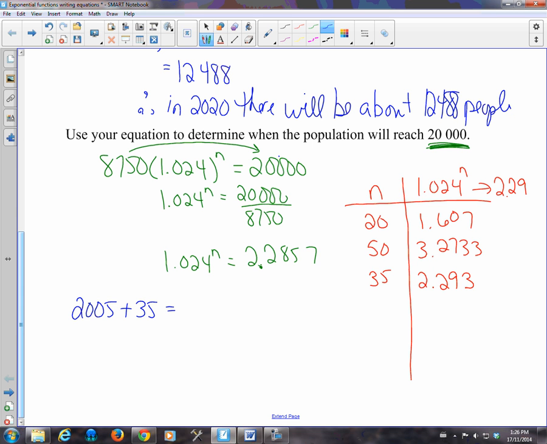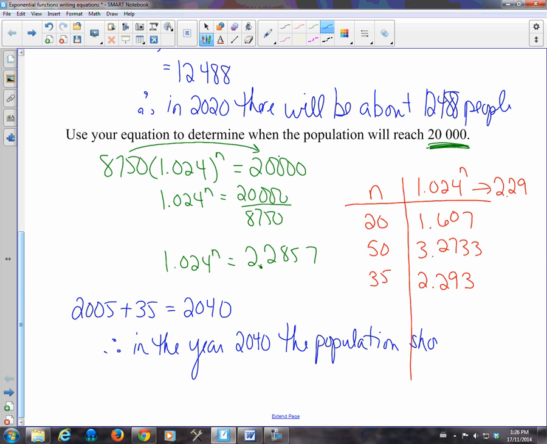So I've got to add 35 years to 2005, which will put me at 2040. Therefore, in the year 2040, the population should be about 20,000.